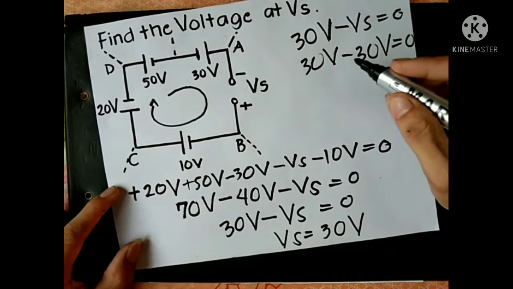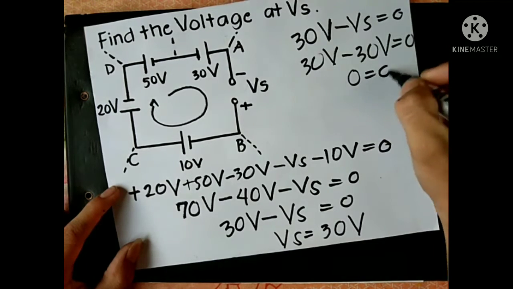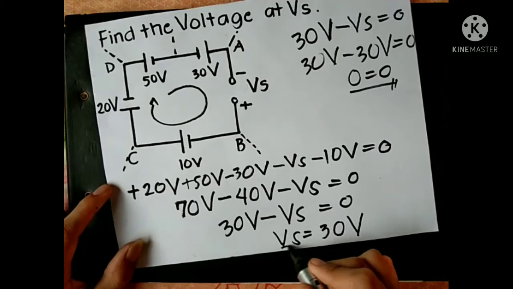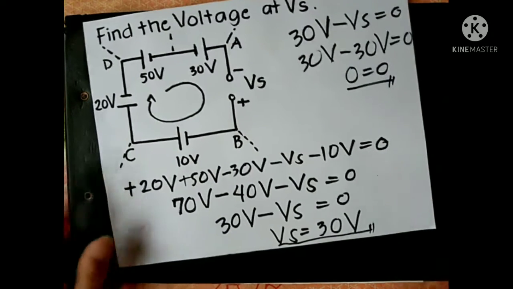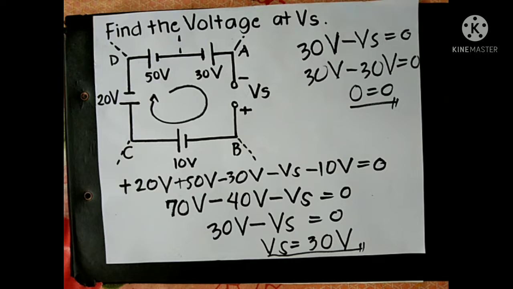So 30 minus 30 is 0, equal to 0. Therefore, this answer is correct. So that's all for problem number 1.